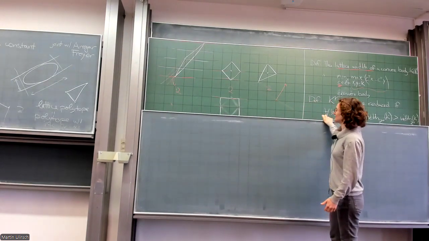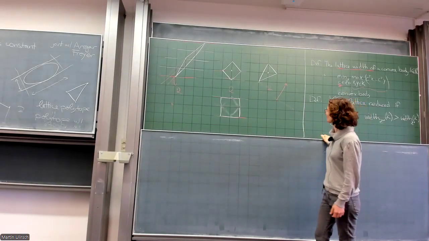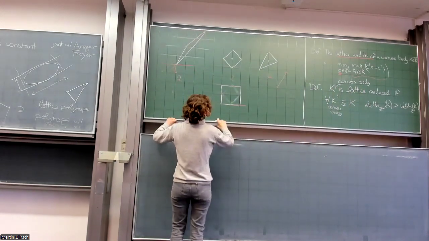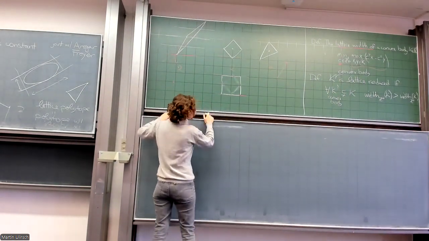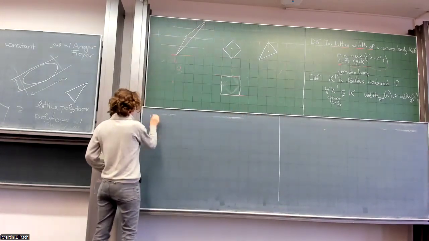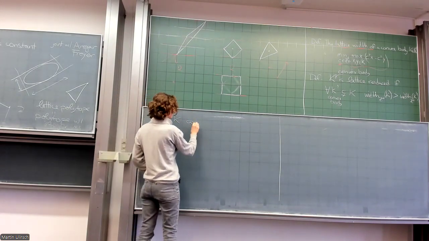That's because we can show the following. We have K, our usual convex body.